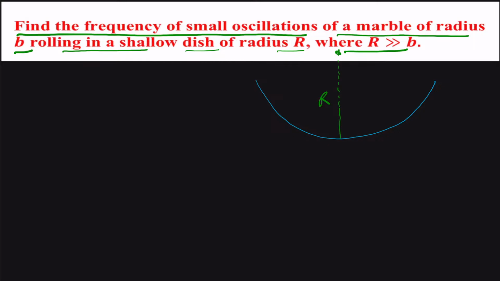and we have a marble of small radius. So let us suppose this is the marble and its radius is given as small b, and let us suppose it is making an angle of theta which is small.